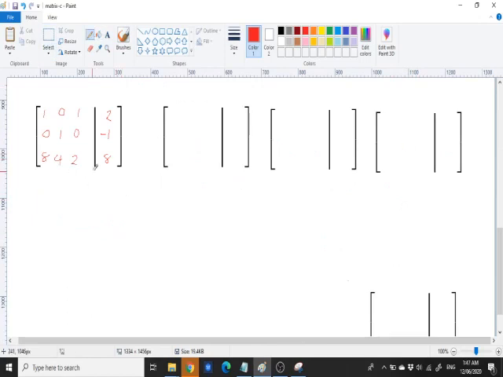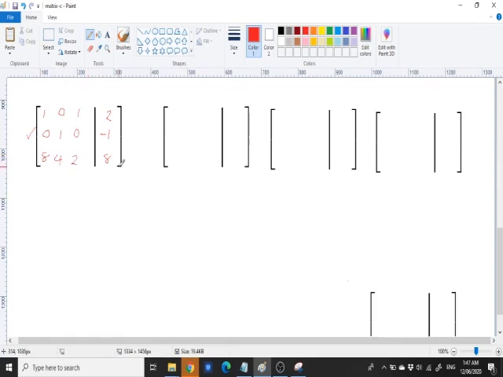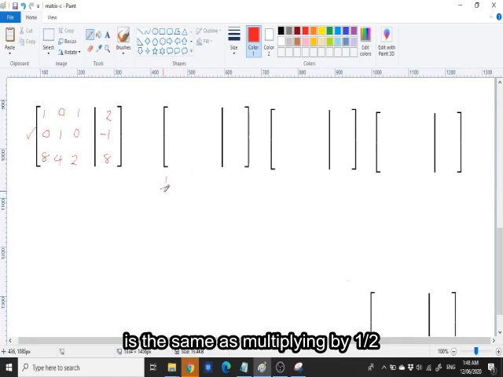So just now, we're done with the second row. So what we're gonna do is, because we aim for this to be 1, we're gonna divide all the entries of the third row by 2 for this to be 1. Right, so divide, or it's the same as multiplying by 1/2.